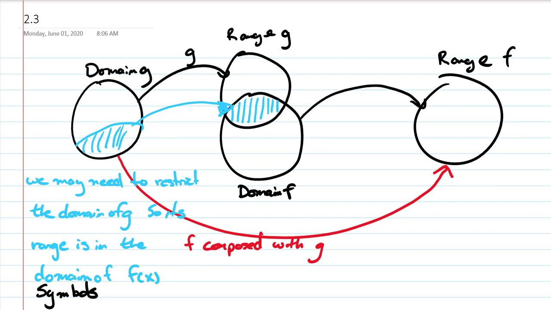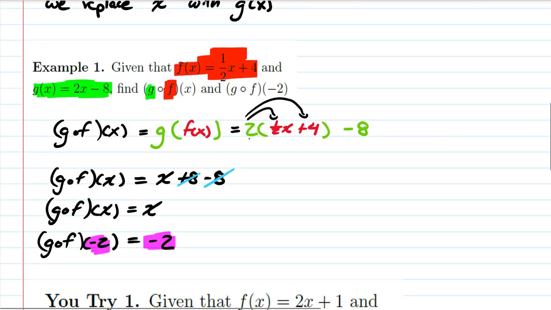So if we're going to stop over somewhere, we need to make sure that where we're stopping actually goes to where we want. The composition represents the idea of a direct flight, which is better than having to stop somewhere. But that helps us visualize what the domain is going to be in this case.